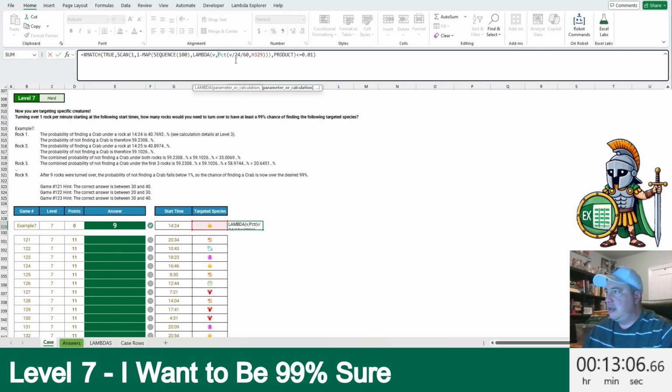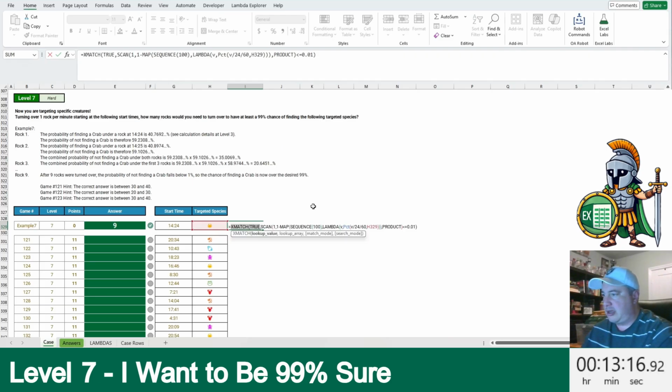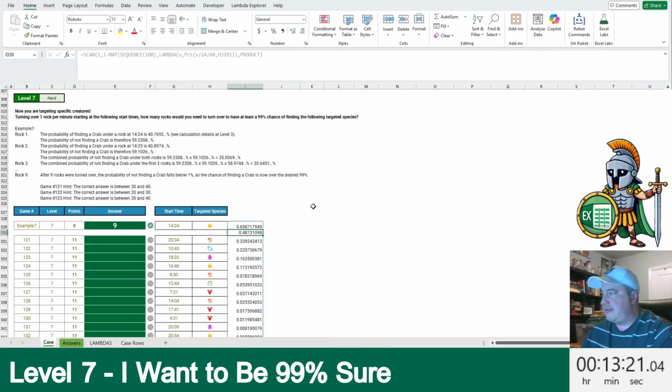Percent. We're not rounding anything. Let's take a step back. That's the value of our scans, and we're wrong right at the beginning. Oh, I started at 12 a.m. We need to start at this time.